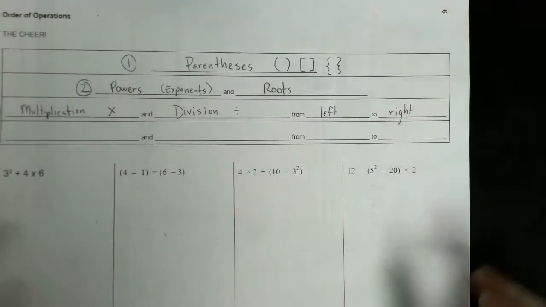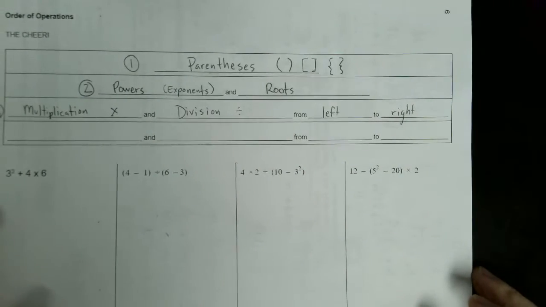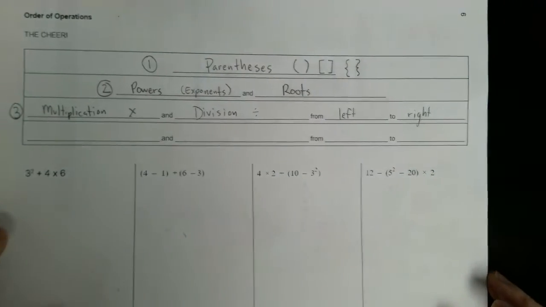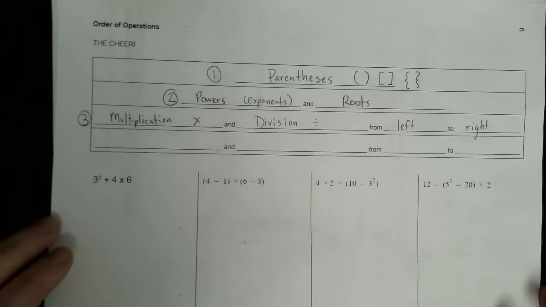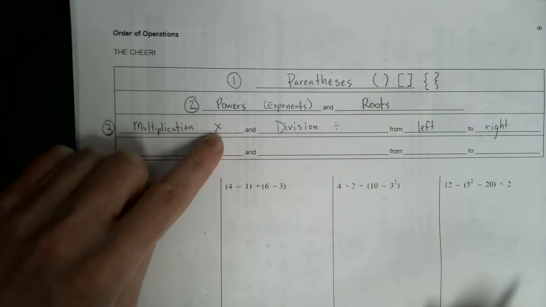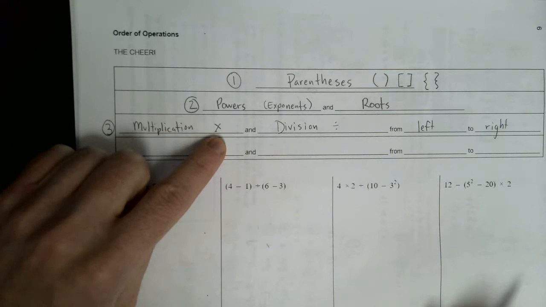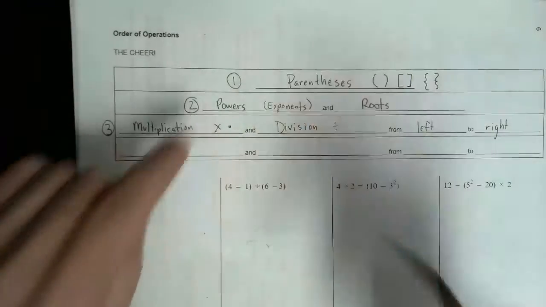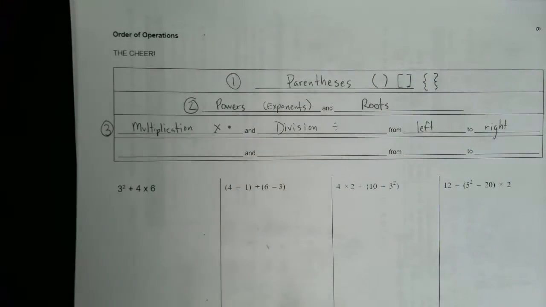Now, here's the thing about multiplication and division. This year, and maybe later this week or next week, we're going to see that we can write multiplication in different ways. Up until now, you've used the multiplication x, but you might also see the dot. It's not a decimal point.